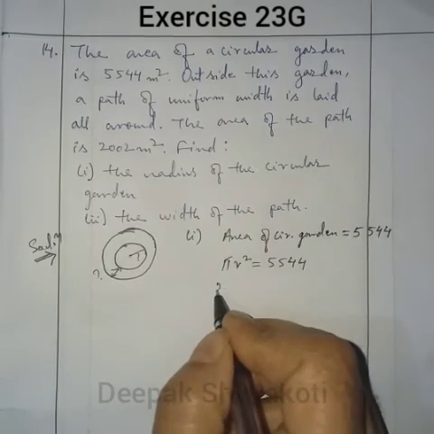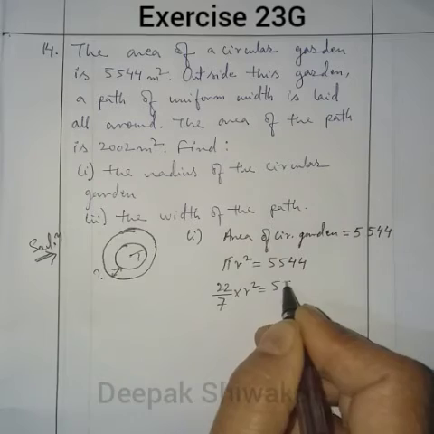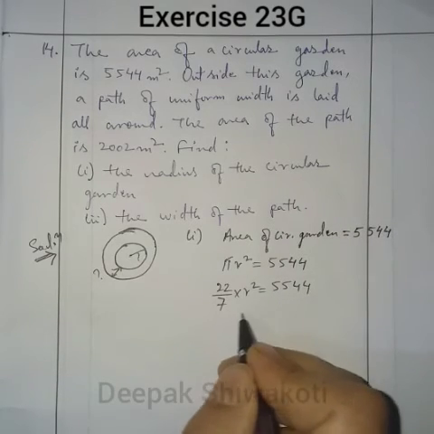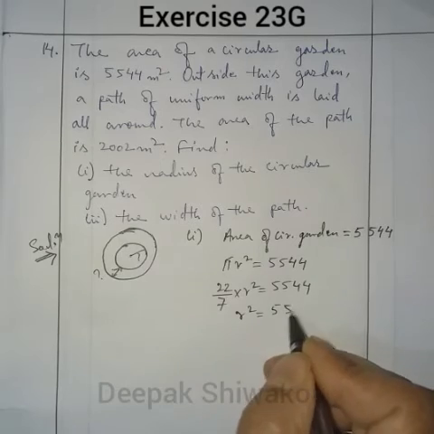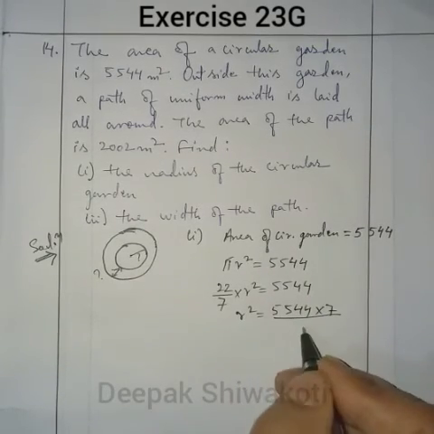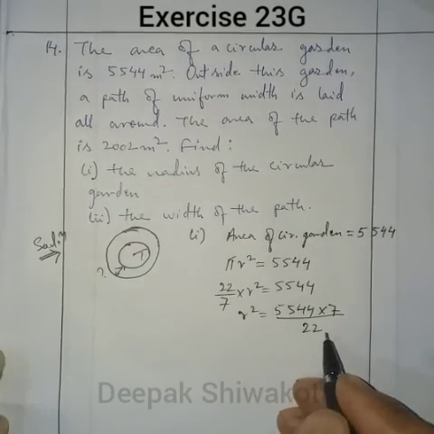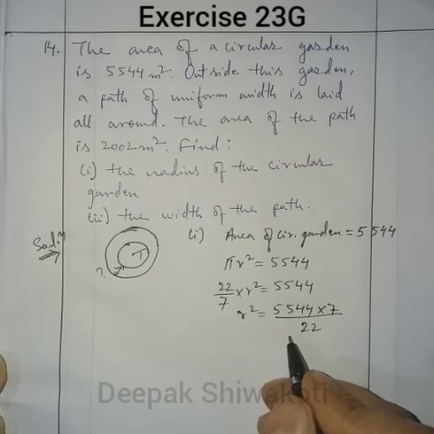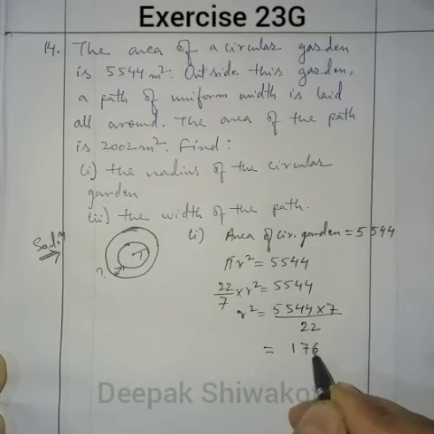The value of π is 22/7 into r² equals 5544. So r² is equal to 5,544 into 7 divided by 22. Calculating this portion, we get 1764.